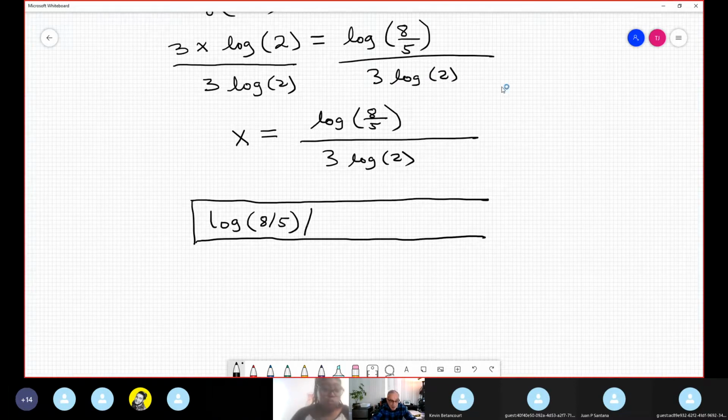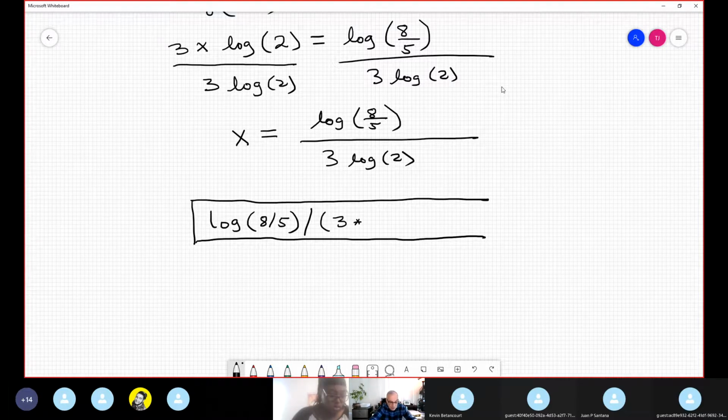Divided by, be careful, because in this case we have 2 elements in the denominator, 3 and logarithm of 2. If you put it without parentheses, you make a mistake, because the calculator is a little bit stupid. If you don't indicate the order of operations, the calculator does it wrong. So you must open parentheses because you have 2 elements. If you have only one, no. If you have 2 or 3 or 4, you open the parentheses and close everything inside the denominator.